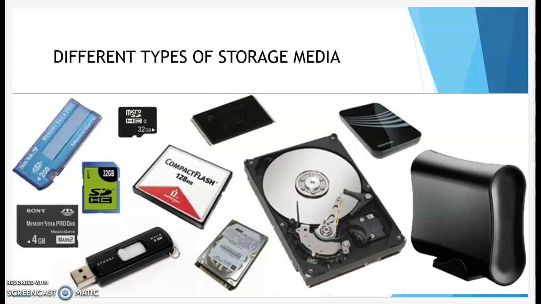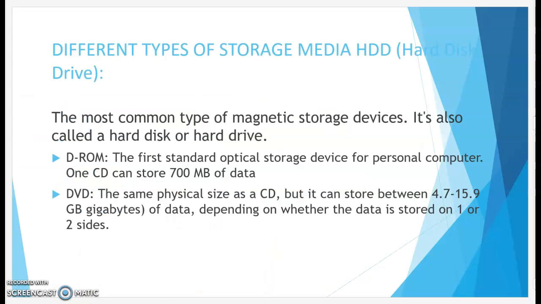Different types of storage media: hard disk drive, USB flash drive, memory card, etc. HDD, hard disk drive, the most common type of magnetic storage device. It's also called a hard disk or hard drive. CD-ROM, the first standard optical storage device for personal computers.